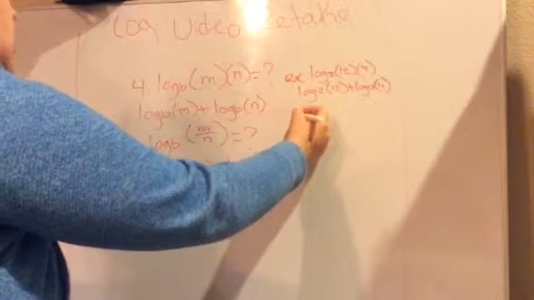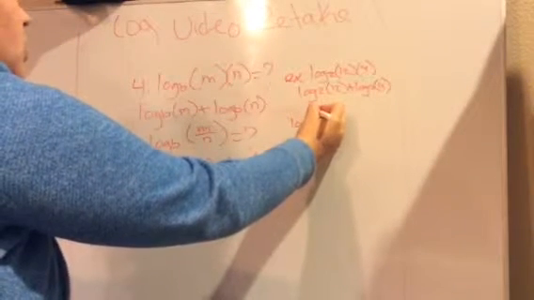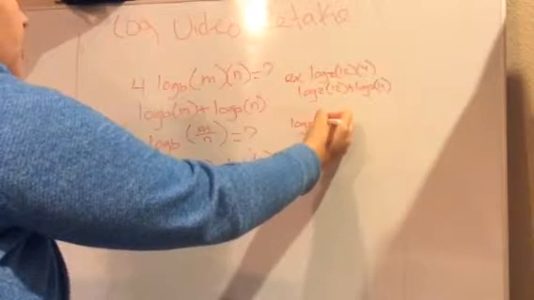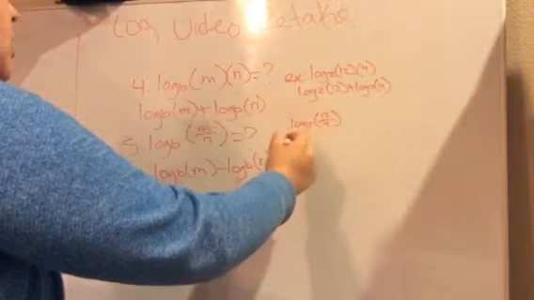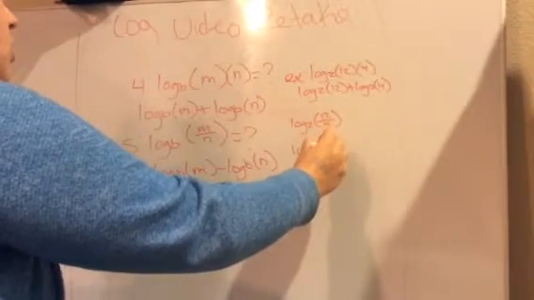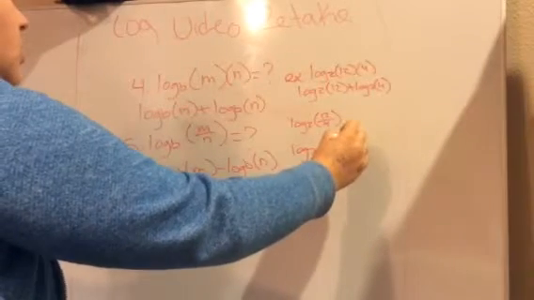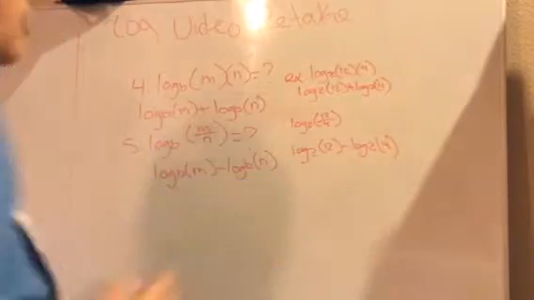For this one, it could be the same thing, like log of 2 of 12 over 4. You expand it to be log 2 12 minus log 2 4.